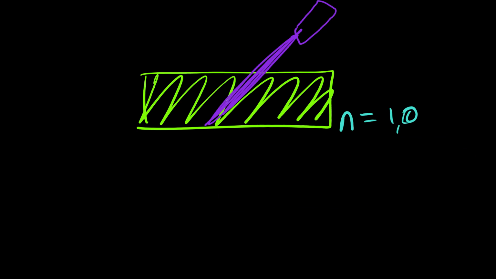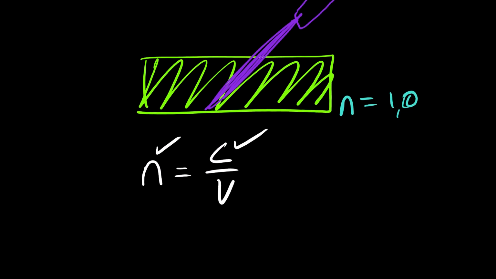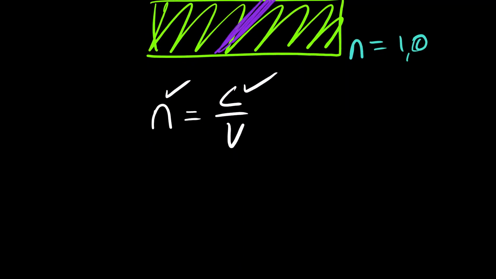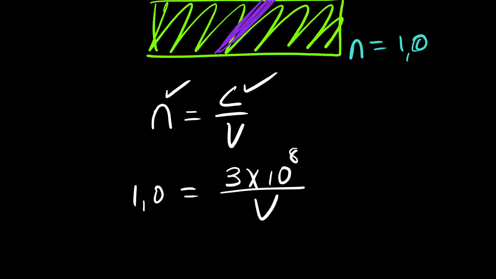Okay, here's another example. We are given the refractive index. We are looking for the speed of light inside the material. So the equation is n equals c over v. We are given this and this. We are looking for v. So 1.0 equals 3 times 10 to the power 8 over v.